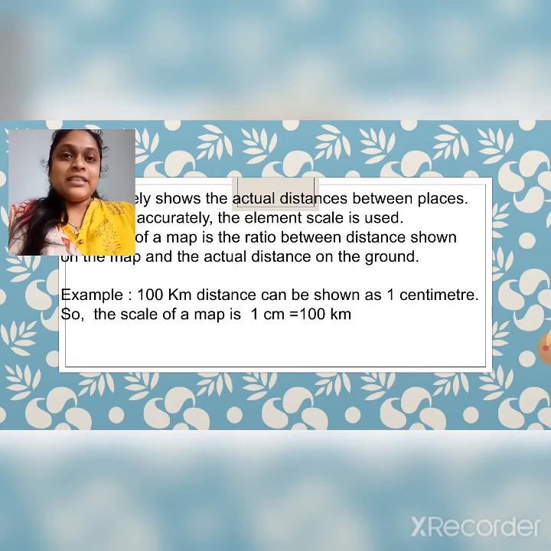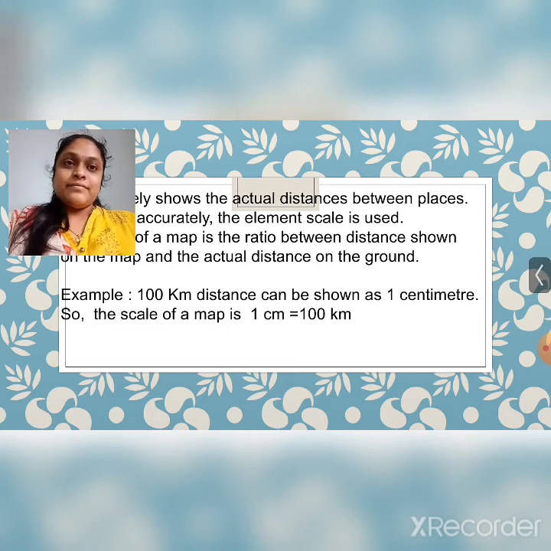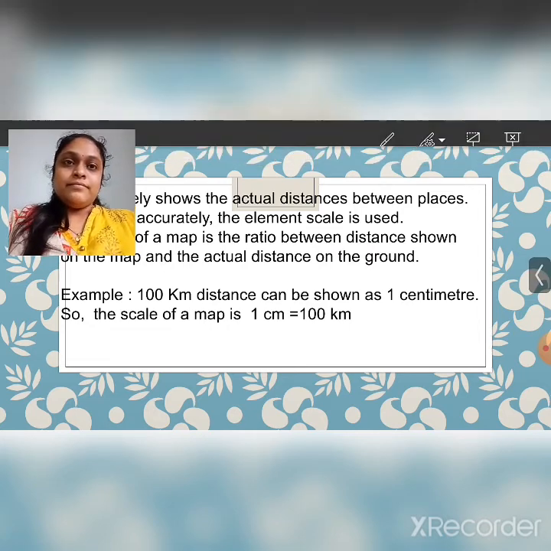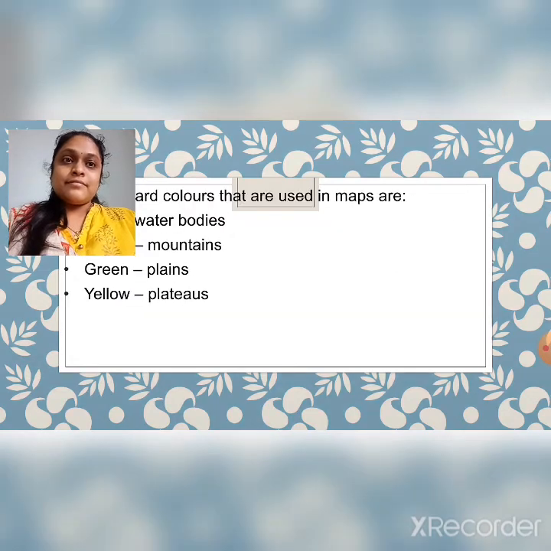This is the scale of a map, the second element. The third element is colors. Some standard colors are used in maps. For example, brown for mountains, green for plains, blue for water bodies, and yellow for plateaus.